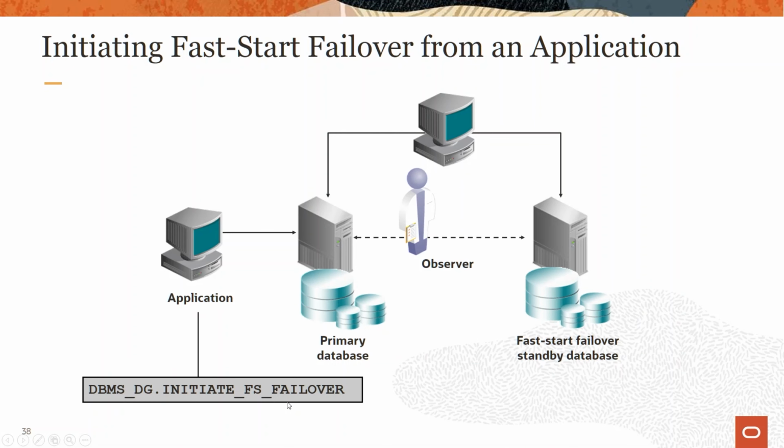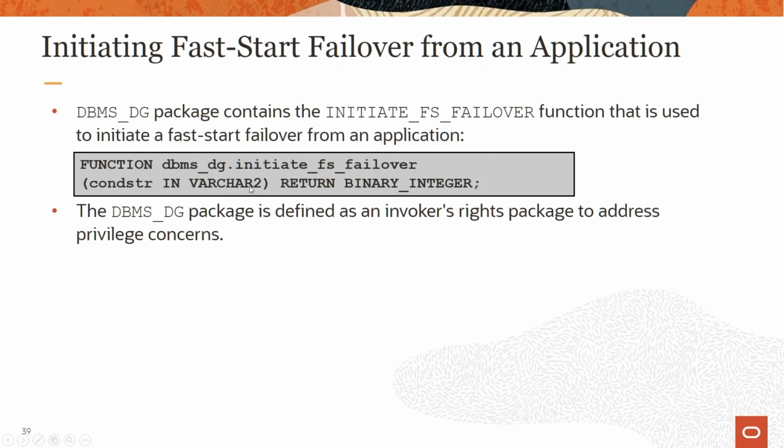When this is invoked by the application, this is another condition where fast start failover is possible. So you may want to initiate fast start failover based on your own business logic. That's also possible. Here is the DBMS_DG package and the INITIATE_FS_FAILOVER function, and we have a return code, a binary integer. Your application can invoke this function to initiate fast start failover.